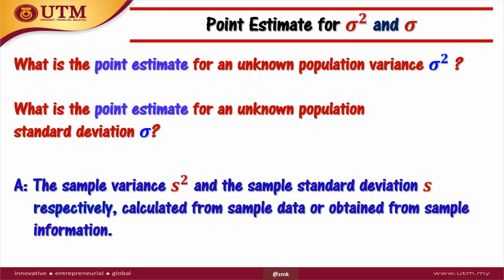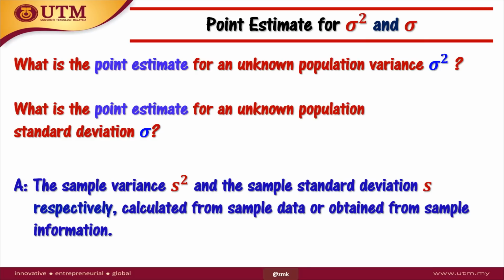If you are given a set of sample data, the two values S squared and S can be calculated using any scientific calculator. The skill of using the calculator to find the values of S squared and S has been covered in detail in Chapter 1.